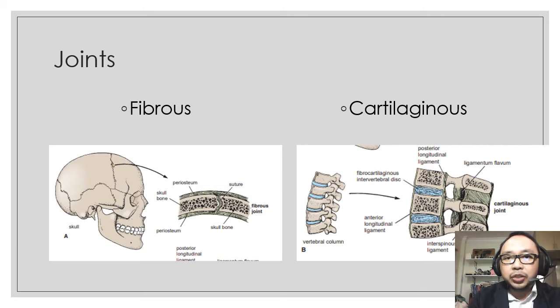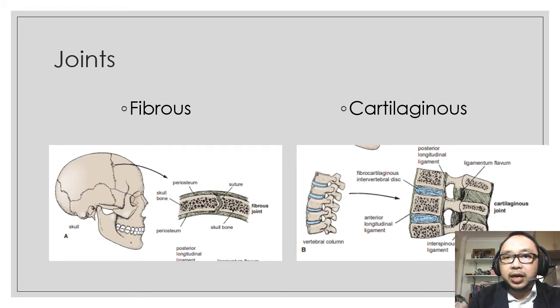Cartilaginous joints, as seen in this slide, can be divided into a primary or a secondary type. A primary cartilaginous joint is basically united by hyaline cartilage, and there's little to no movement at all.